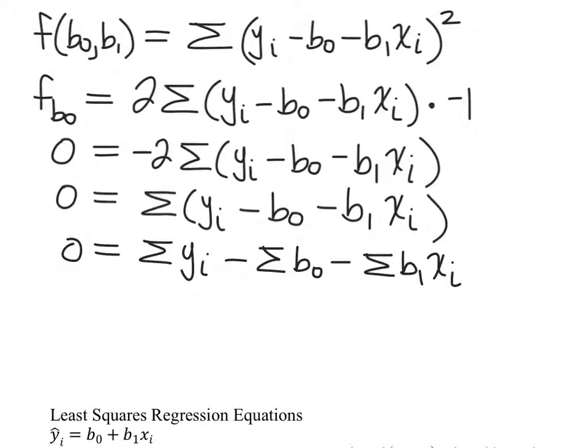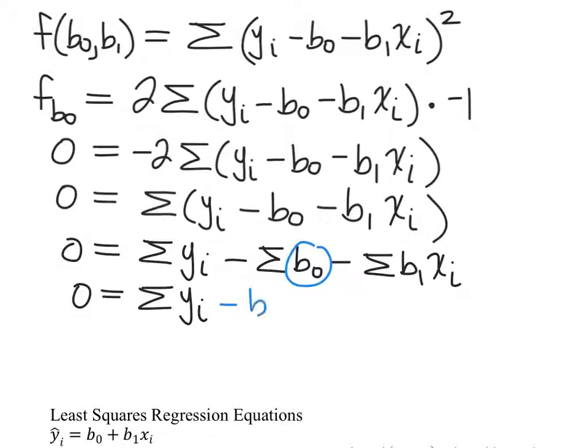Again, you don't have to write i equals 1 to n every single time, but you should be aware of it. The reason you should be aware of it is that the only thing that needs to remain within the summation is an element that contains an i. So the sum of y sub i needs to stay put. The b sub 0 could come out.